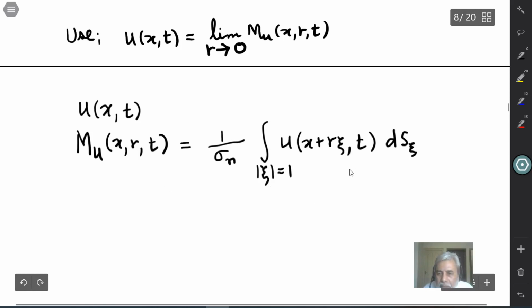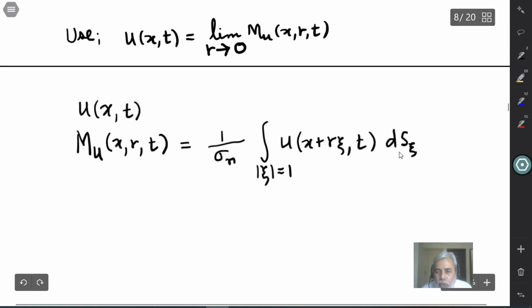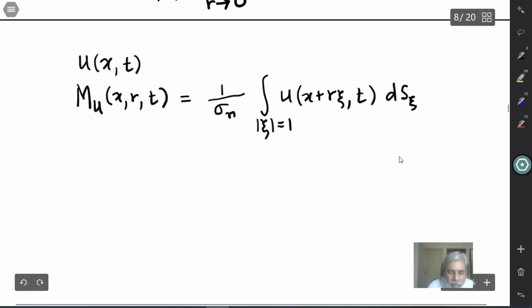If you notice here, this integration is with respect to the j variable. So if u is smooth, I can simply take del square by del t square directly.